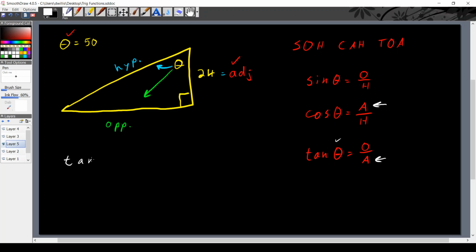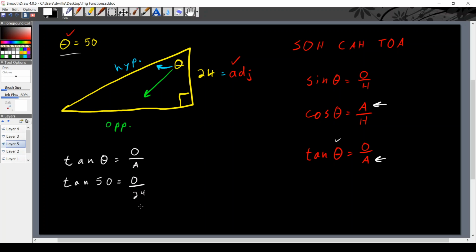I'll write down our formula. Tangent of theta is equal to the opposite side divided by the adjacent side. Let's fill in our values. Tangent of theta, which was 50, equals, and the opposite side is still what we're looking for, so I'm going to leave it as a variable, O, divided by the adjacent, which is 24.